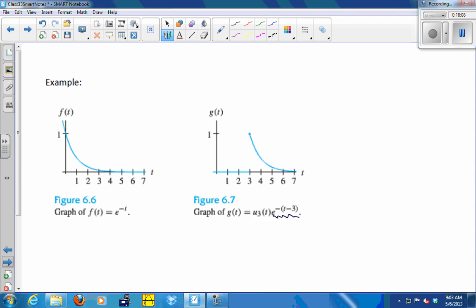But I also want it so that it does not exist before this point here. I want this all to be 0. I don't want to just take this continuous function and shift it to the right 3. I don't want any of this stuff to exist after I shift it. So I use the u function to make it 0 before that.